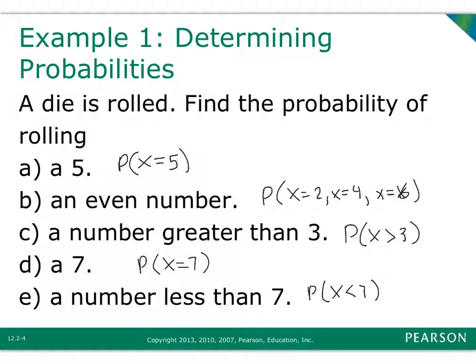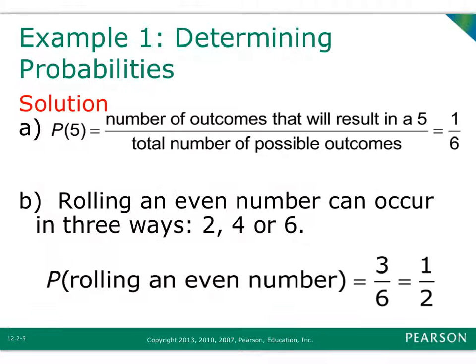Okay, so let's find these probabilities. In our first example, the outcome that will result in a 5 can only happen one way on a die, and the total possible number of outcomes is 6. So it's 1 over 6.